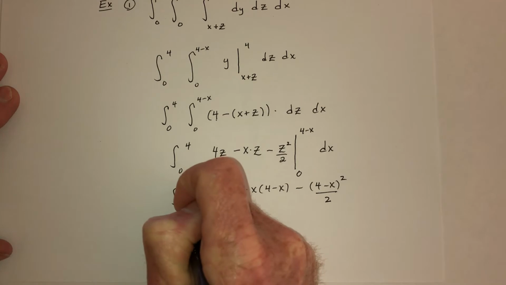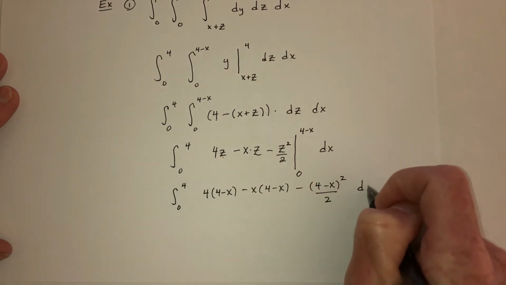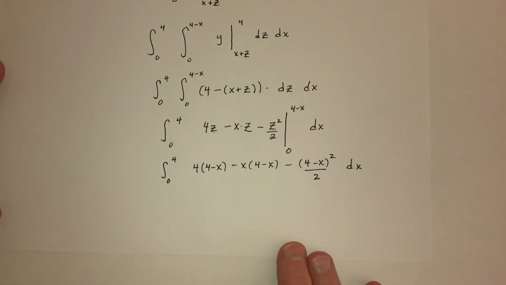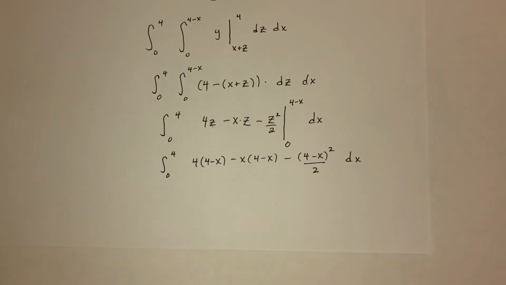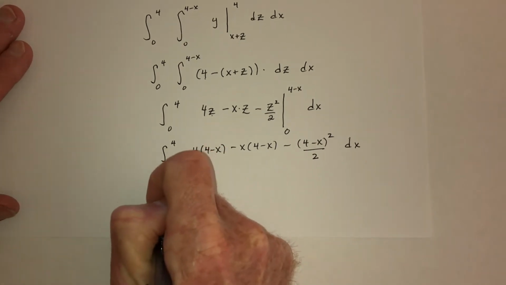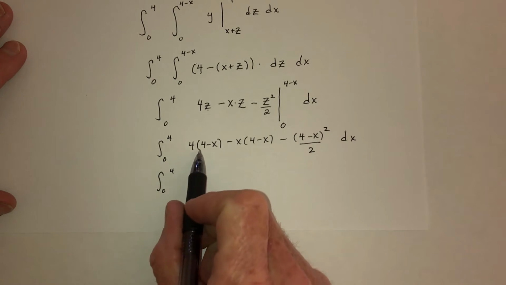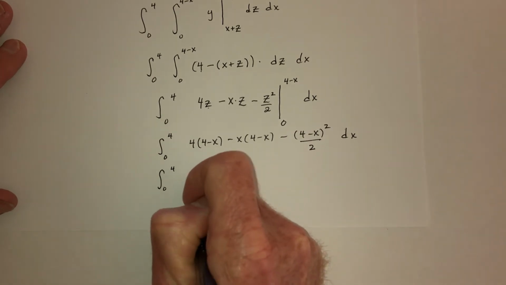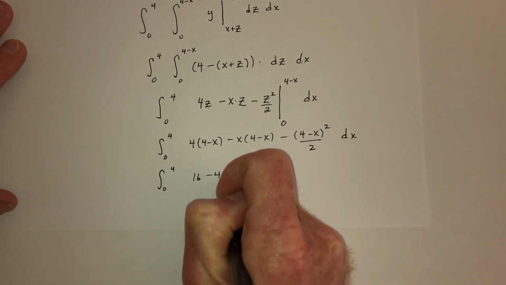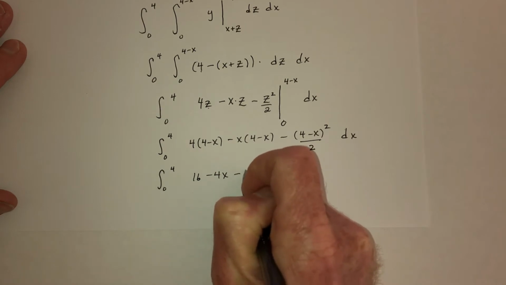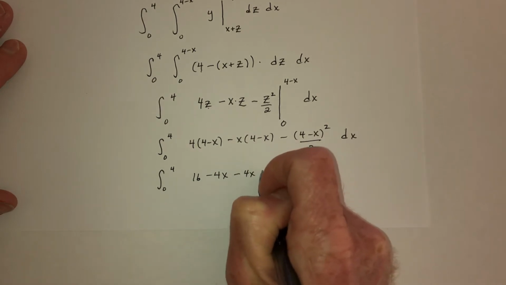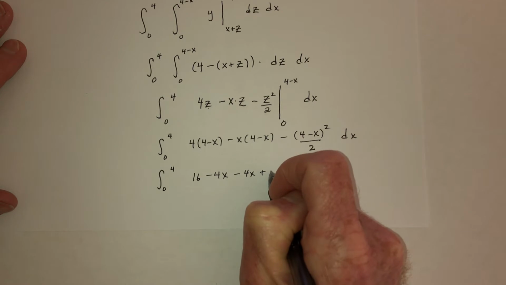And last, we need to integrate with respect to x. So let's see, I should probably do a little bit of algebra before I integrate. So this would be 16 minus 4x. This would be a negative 4x and then plus an x squared.